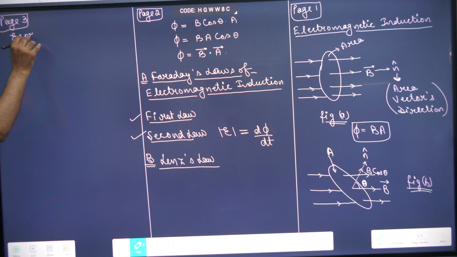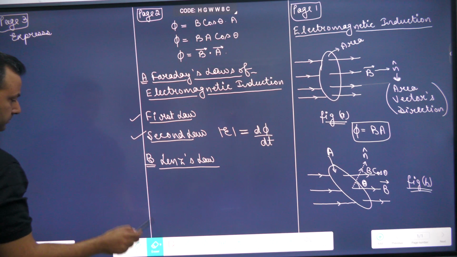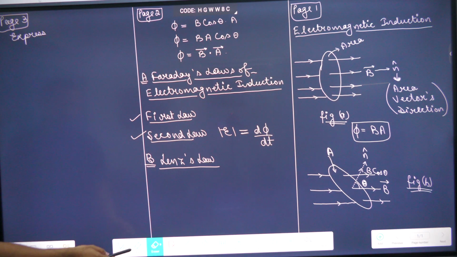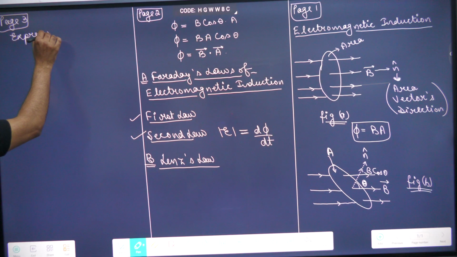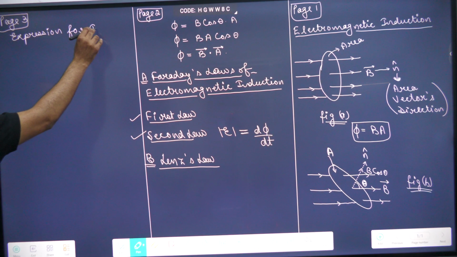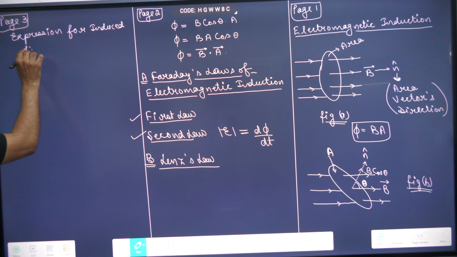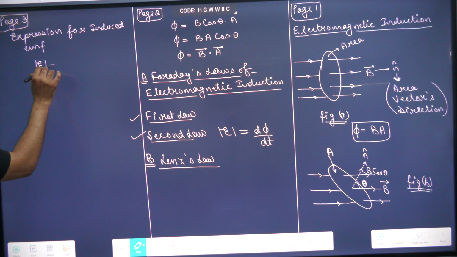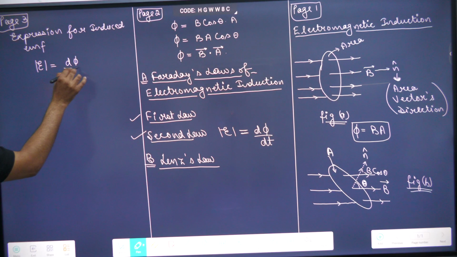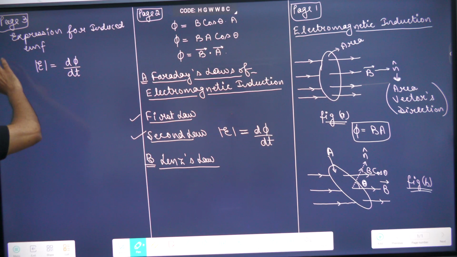Expression for induced EMF. So the magnitude of induced EMF E is equal to d phi by dt.